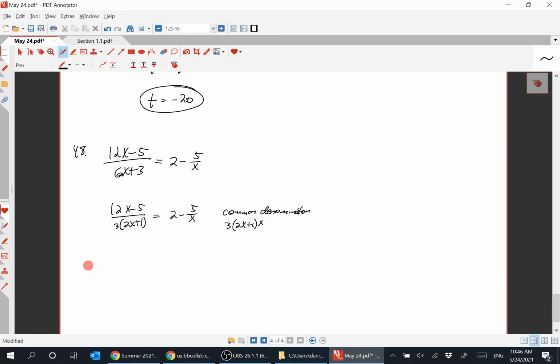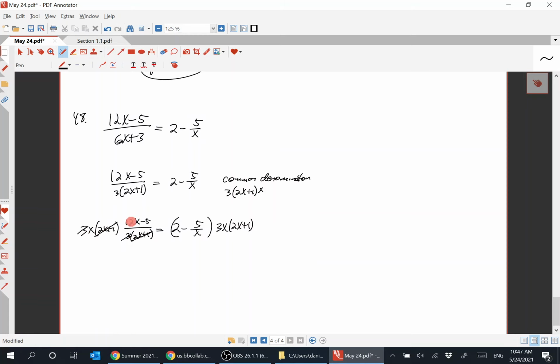So I'm going to multiply both sides by 3x, 2x plus 1 over 12x minus 5. Here on the left, the 3 and the 2x plus 1 cancel, and I'm left with x times 12x minus 5.